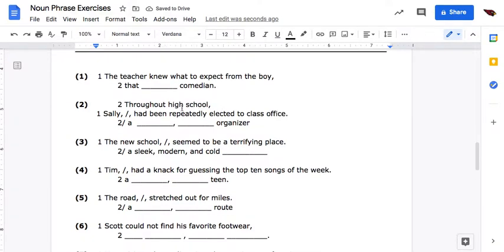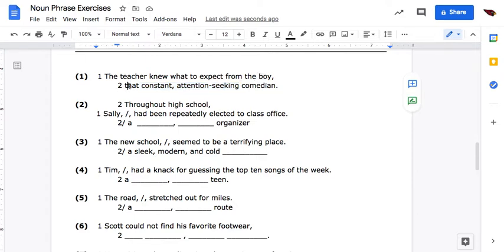And number one, the teacher knew what to expect from the boy. I'm just going to be honest, these blanks are a little restrictive, because if you thought to yourself, well, the boy is that constant attention-seeking comedian. I mean, obviously that one blank was a little small for these two modifiers here, but look at this noun phrase that modifies boy.